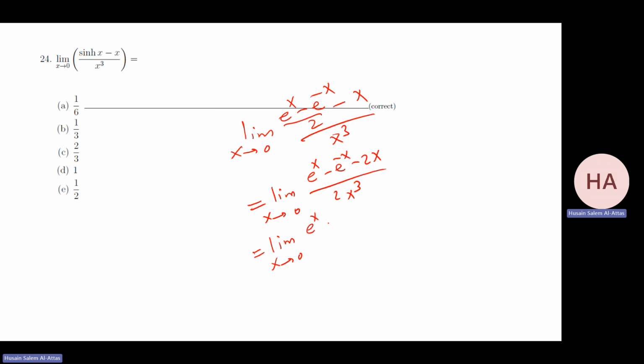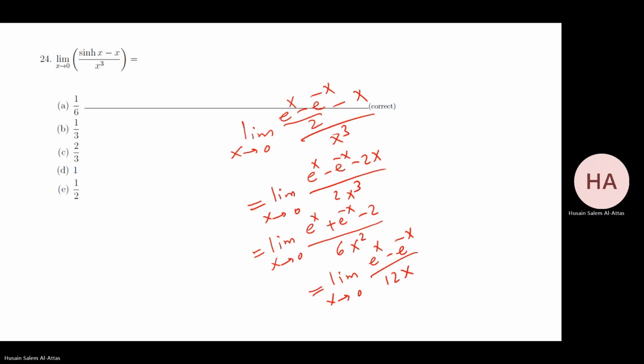We get (e to the power x plus e to the power minus x minus 2) over 6x squared. Now we substitute, you will get 0 over 0 still. So do it again. Limit as x goes to 0 of (e to the power x minus e to the power minus x) over 12x.